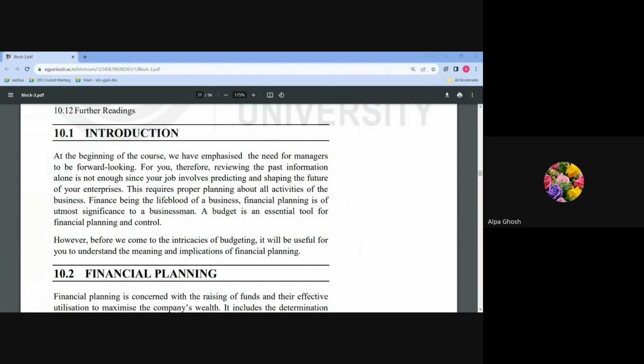Either we are going to postpone certain expenditures to the next month, or else we are going to borrow from some sources if those expenses are very crucial and cannot be avoided for next month. So this is what we call financial planning. This financial planning is important in budgetary control.